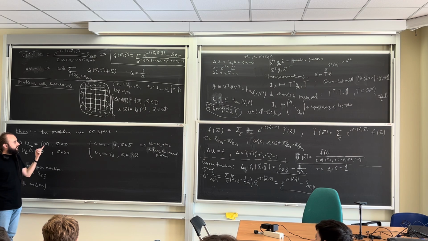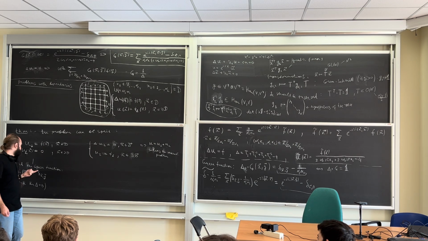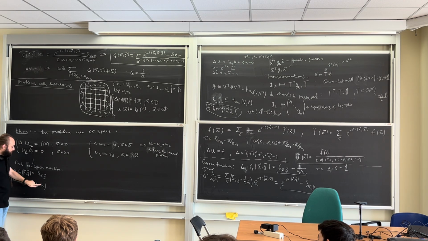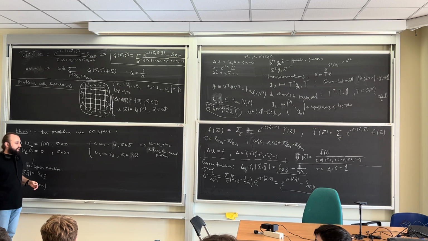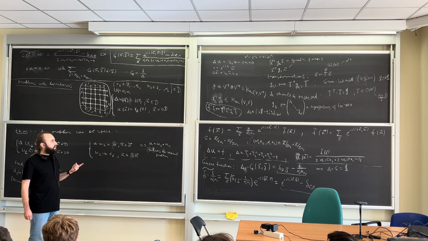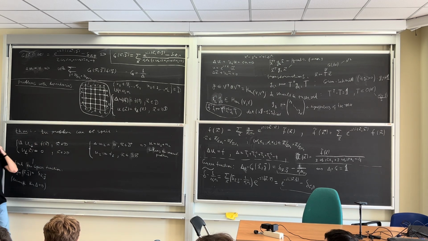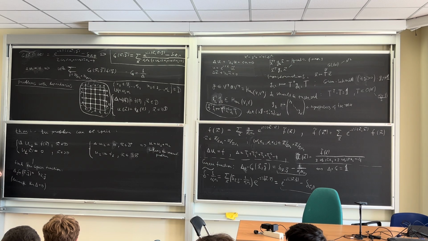But even in the positive definite case, we had one element in the kernel. It was the constant function, because since we have the boundary condition, the only constant function satisfying the equation and the boundary condition is the zero function.